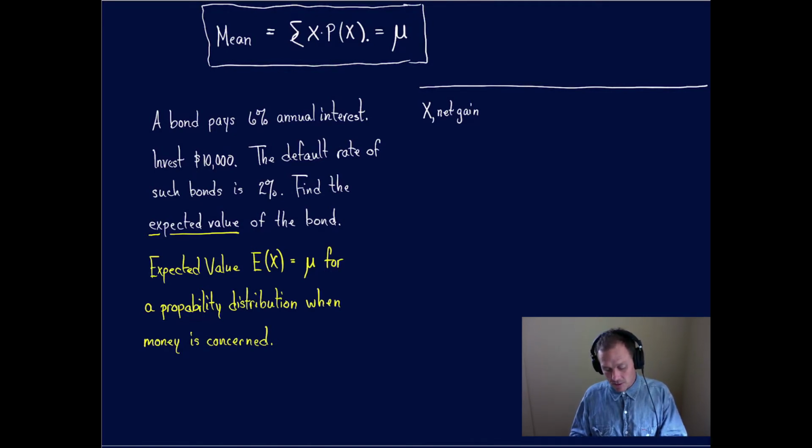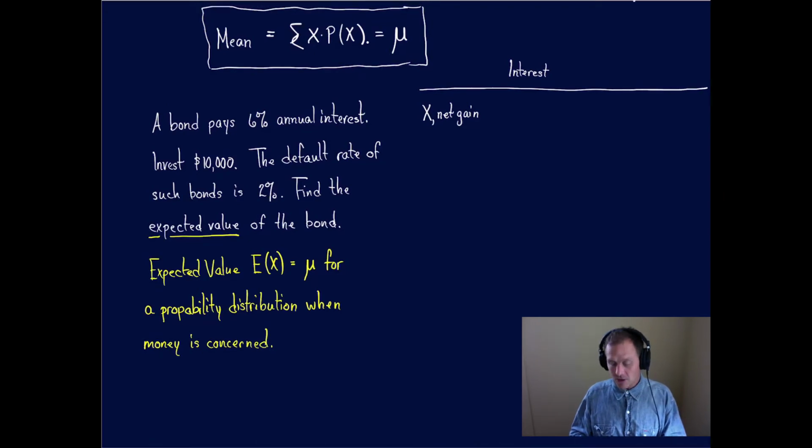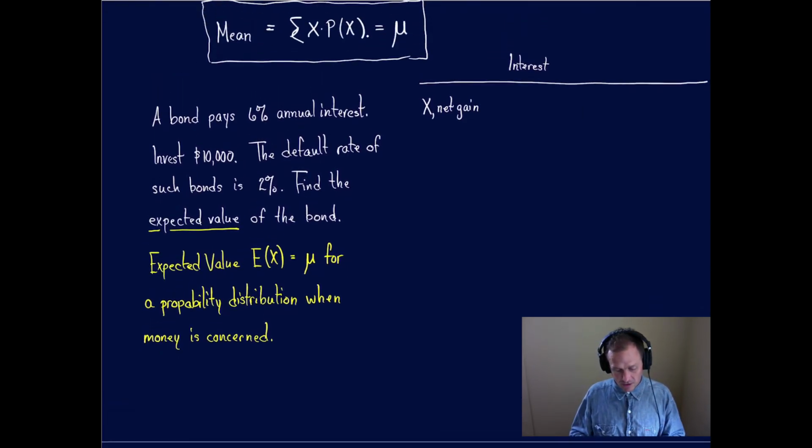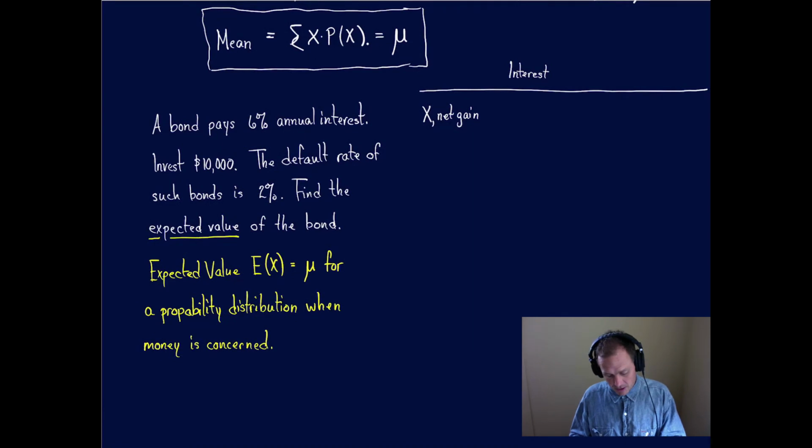So that would be good. If you get interest, your net gain is the interest payment. The interest payment is the $10,000 times the annual interest, which is 0.06. That's how much the bond would pay you at the end of the year.